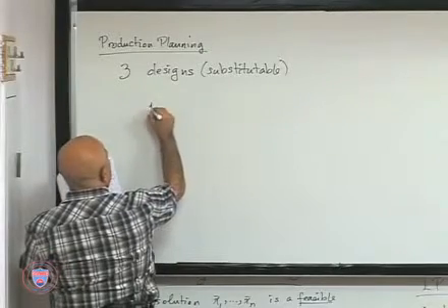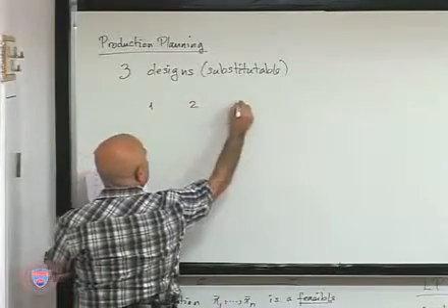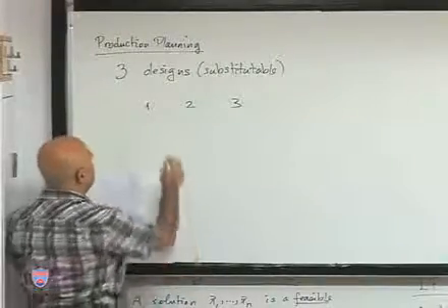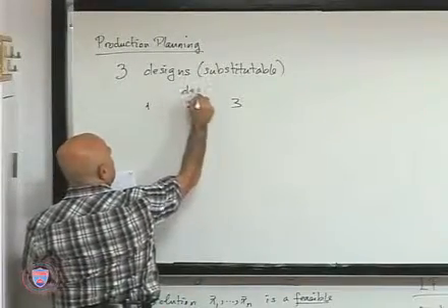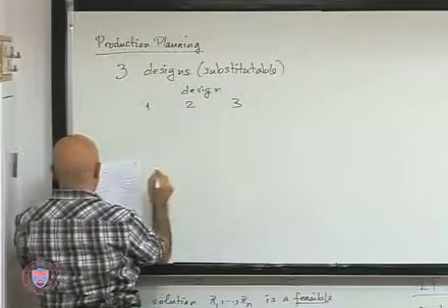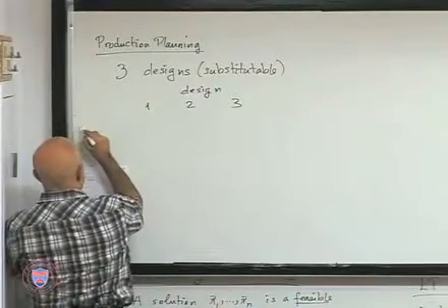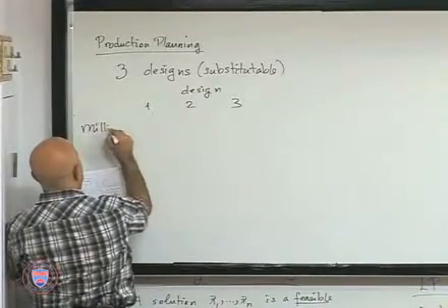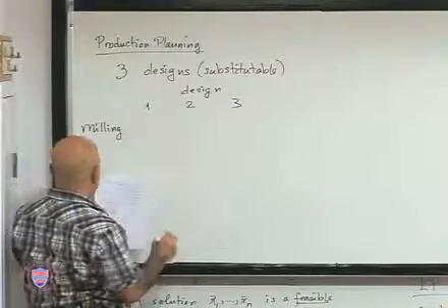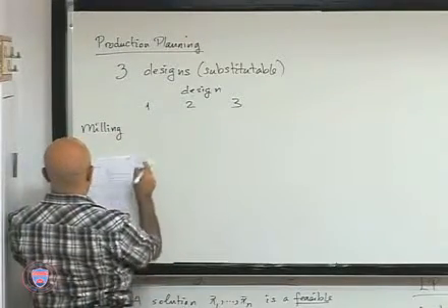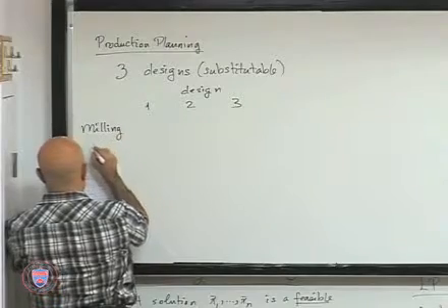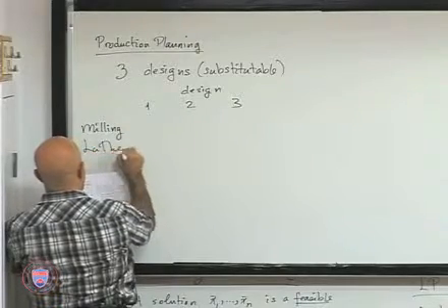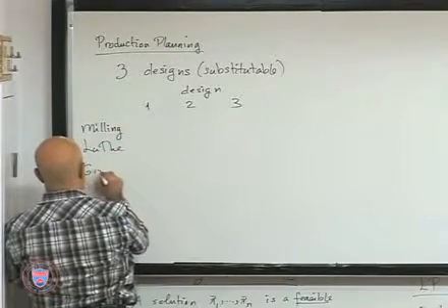Now, let me give you the data in tabular form. These are the designs, number 1, 2, and 3. Each design uses these three machines: the milling machine, the lathe, and a grinder.